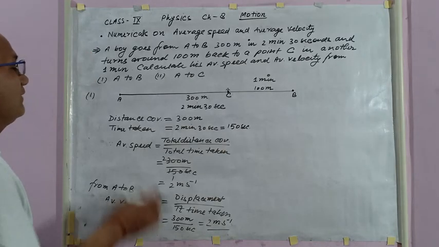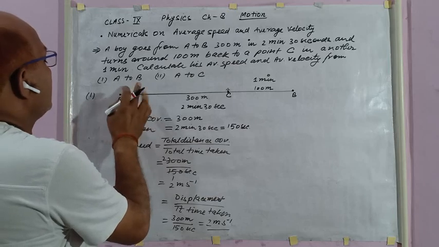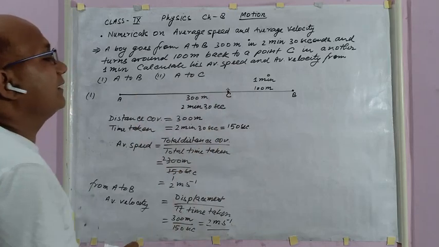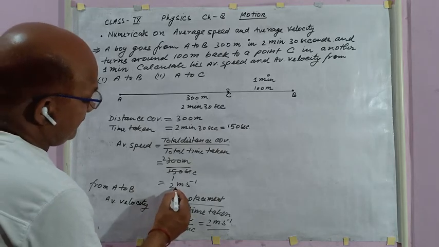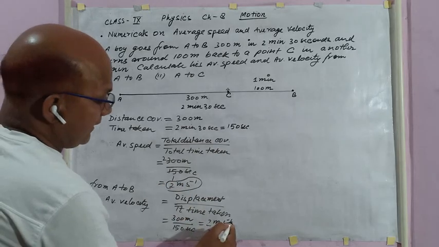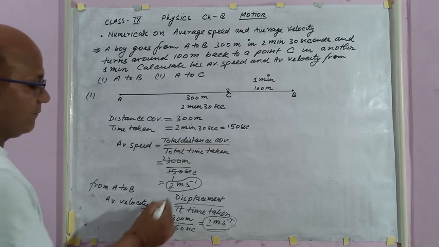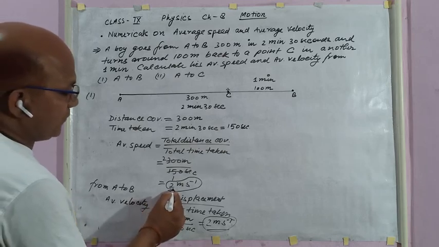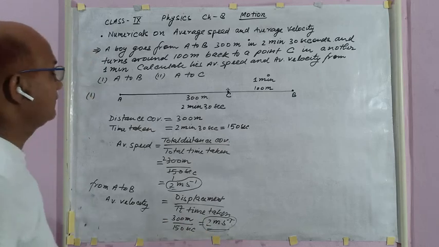Now we can see that when he goes from A to B in a straight line, then the magnitude of average speed, 2 meter per second, and average velocity are both the same.